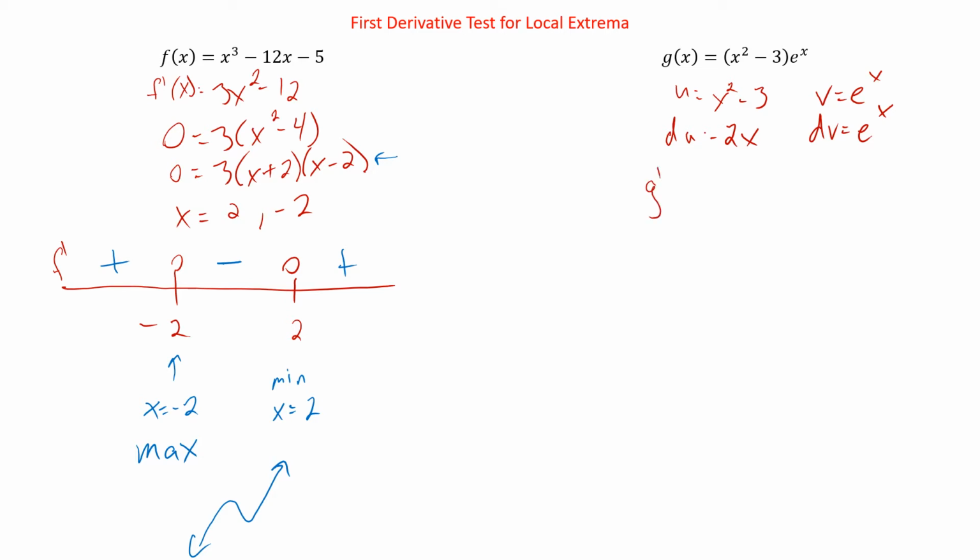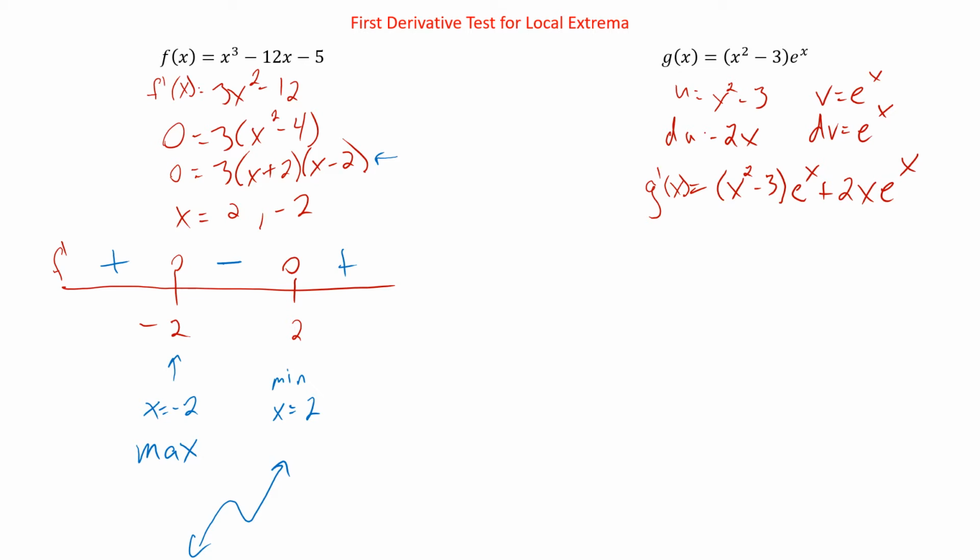So our g prime of x is going to be x squared minus 3 times e to the x plus 2x times e to the x. We can factor this because we're going to have to make this equal to 0 to figure out where we're looking.